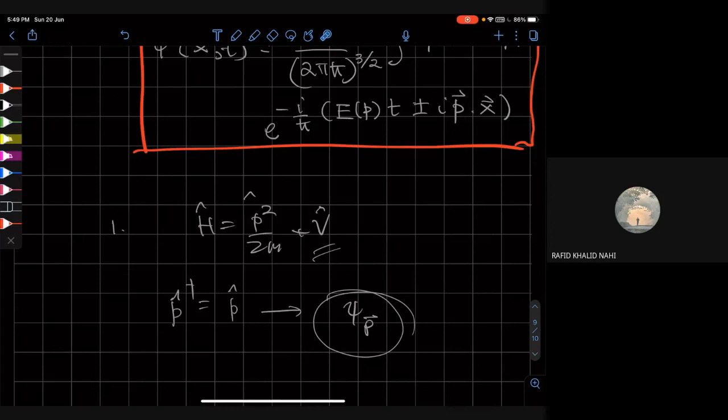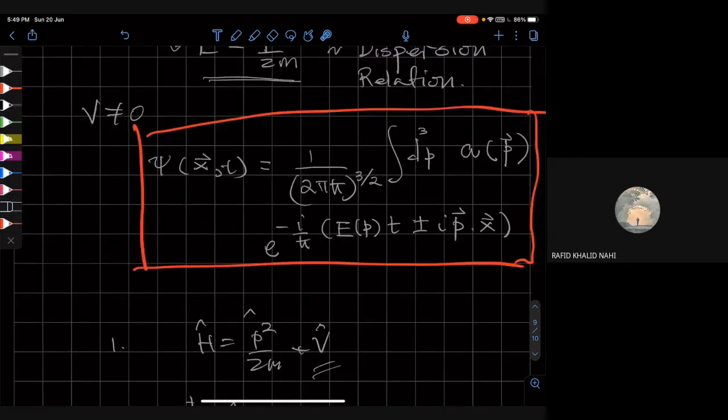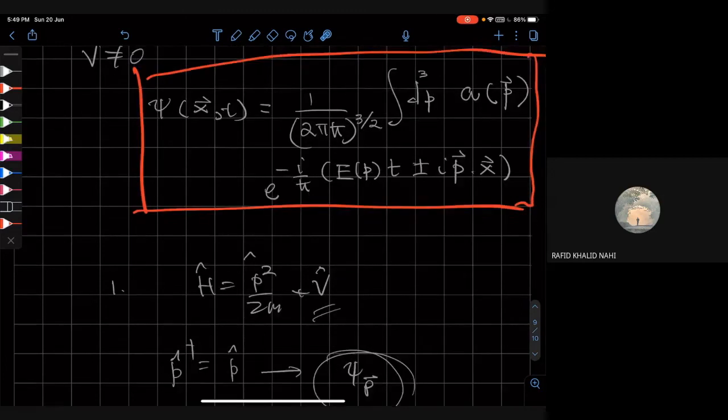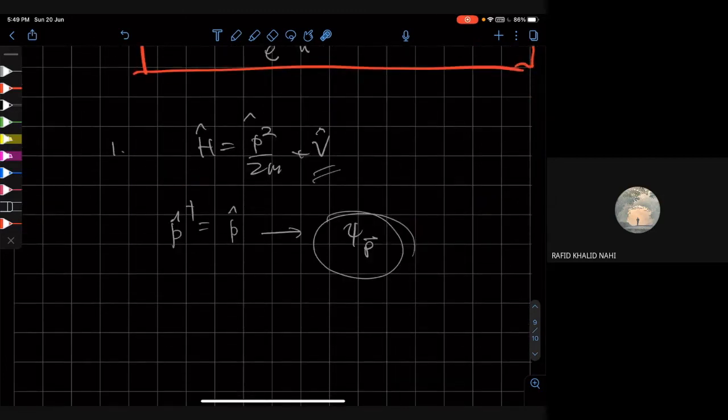So now the Schrodinger equation is a linear equation. The other assumption that we have is the following: given any state, you should be able to express that state as a linear combination of the eigenstates of any Hermitian operator, right?